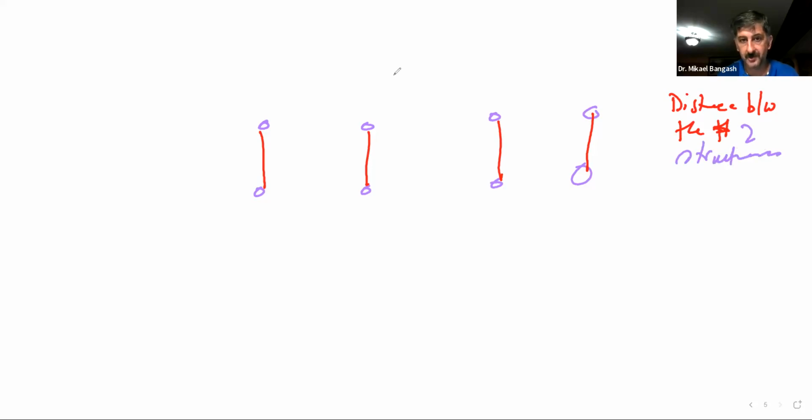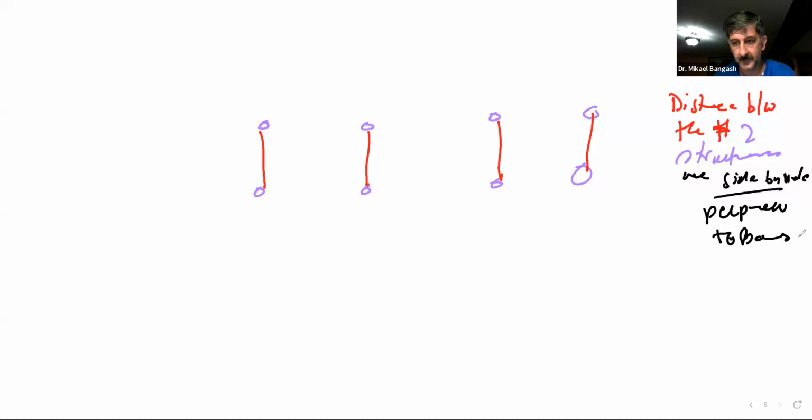And these two structures are side by side, or perpendicular to the beam's main axis. What is your beam's main axis?